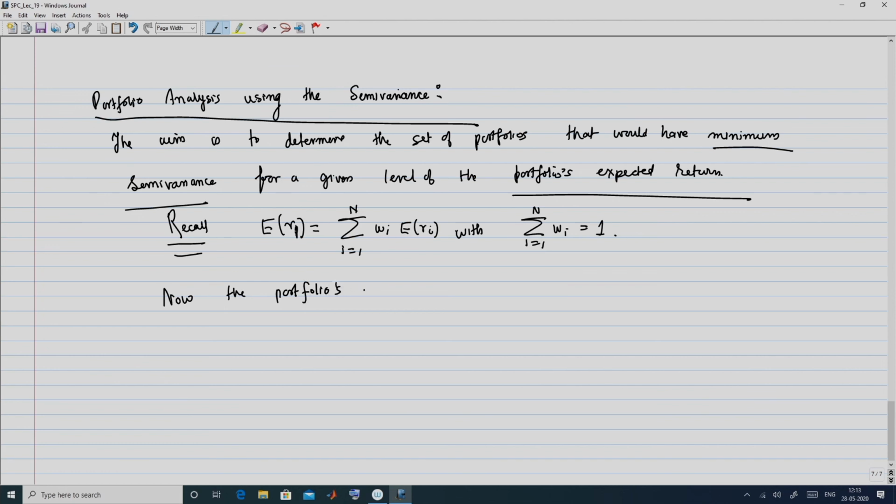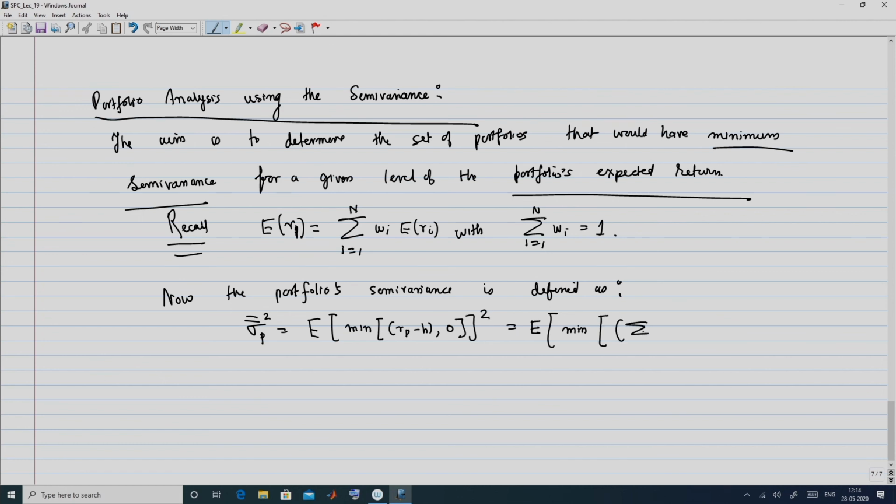Now the portfolio's semi-variance is defined as sigma p double bar square, and this is going to be the expected value of the minimum of Rp minus h comma 0, squared. Now, I can replace my Rp with this expression. So, this is going to be the expected value of the minimum of summation i equal to 1 to N Wi Ri minus h comma 0, and the square of the whole thing.